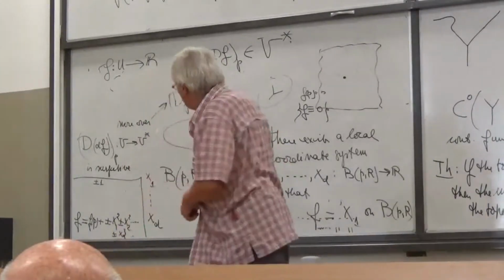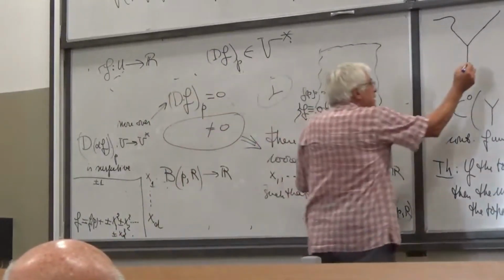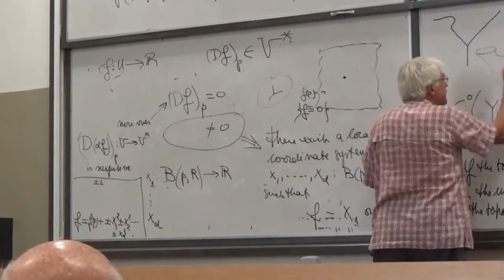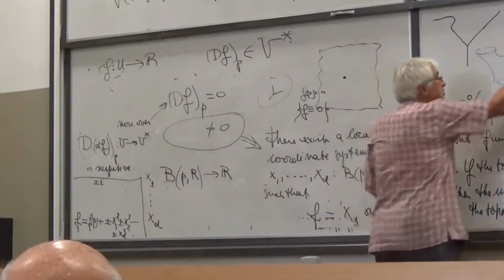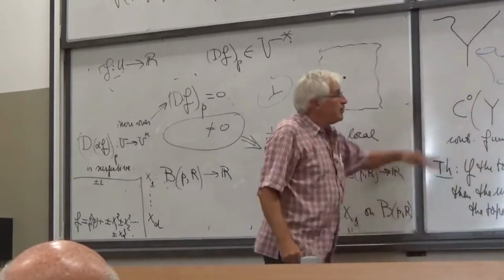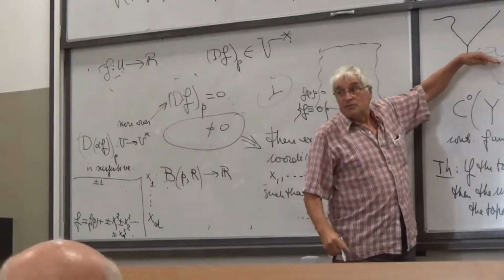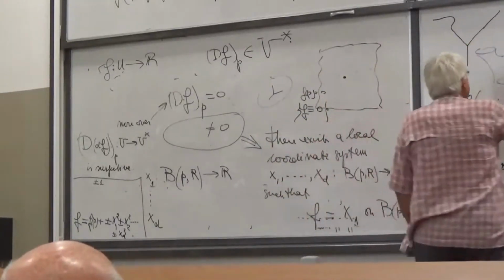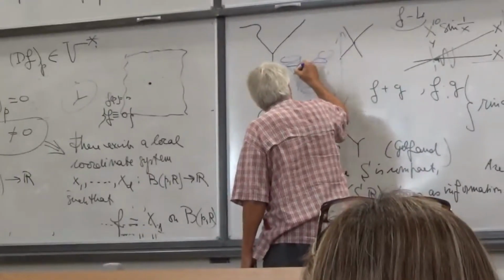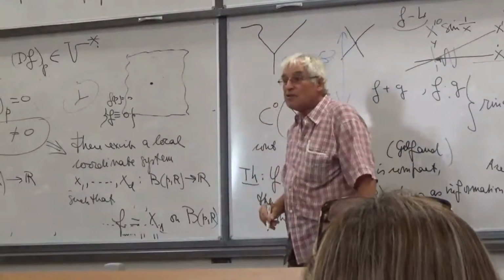And typically what happens, if you have such a piece of surface, a pair of pants, and the function is the height function, then here we have a point where the differential is 0. And what happens at this point? If I look above, I have two circles. If I look below, I have one circle.